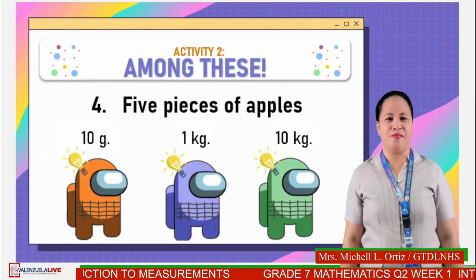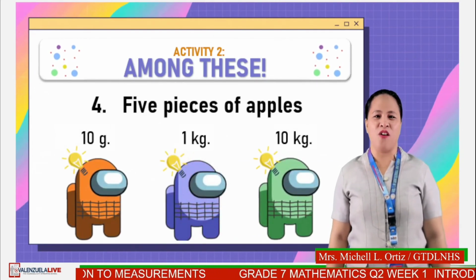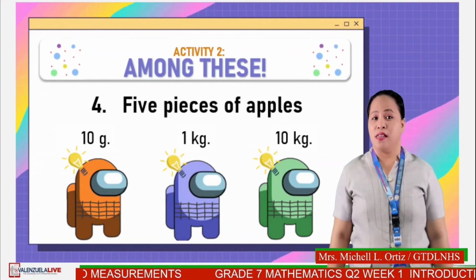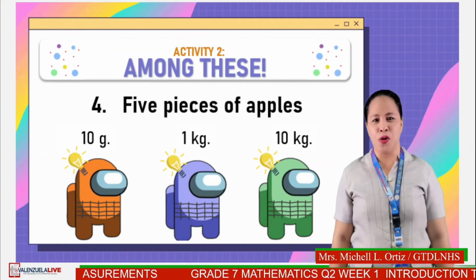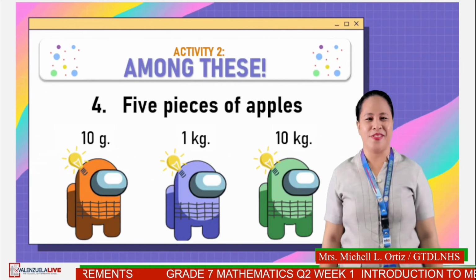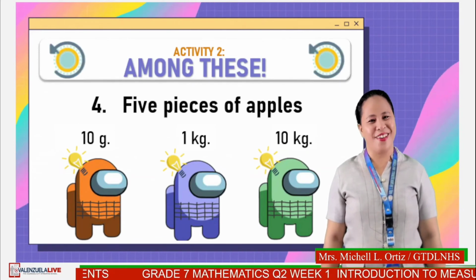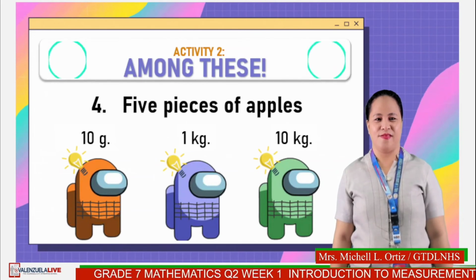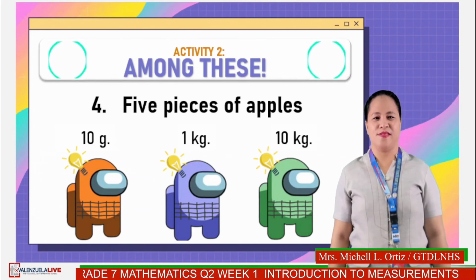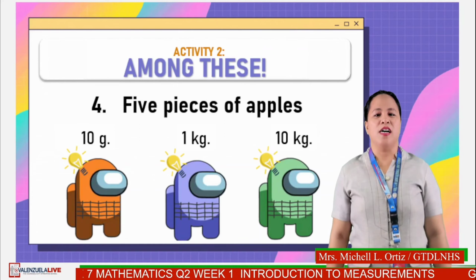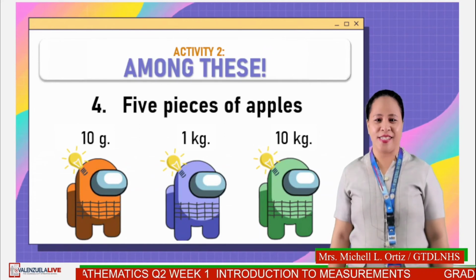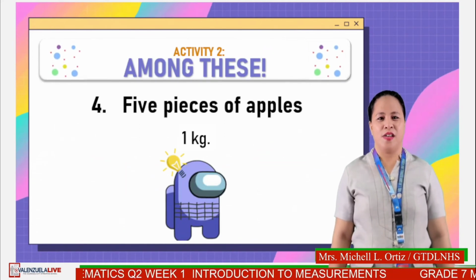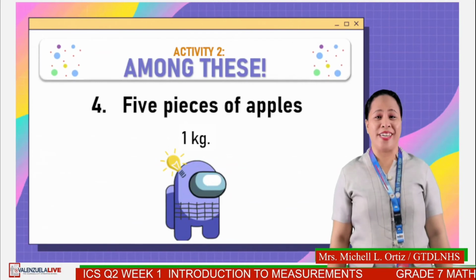Number 4, 5 pieces of apple. Is it orange, blue, or green? 5 seconds, go! The correct answer is blue, 1 kilogram.